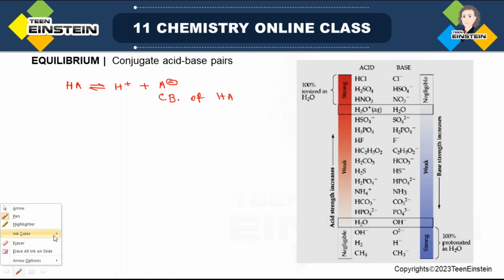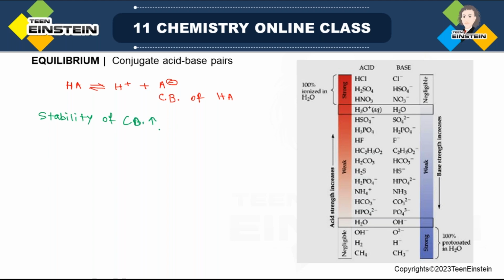Now in this case, here is the stability of this conjugate base. So when the stability of the conjugate base increases, that means the acidity of HA will increase.